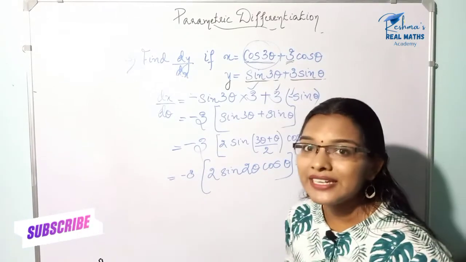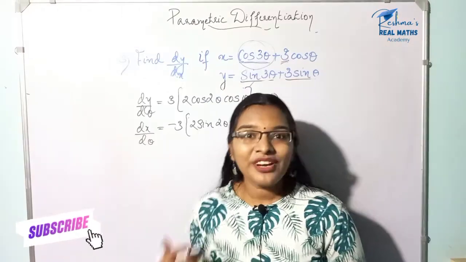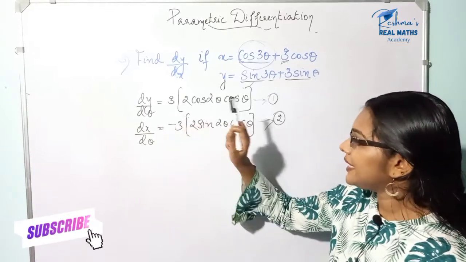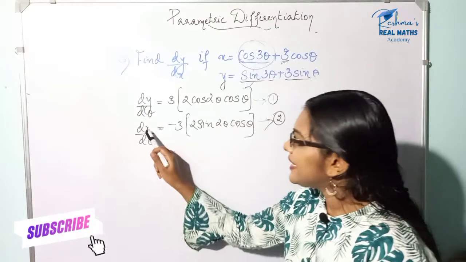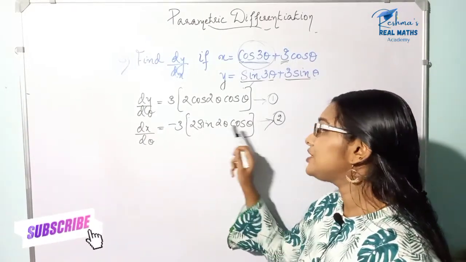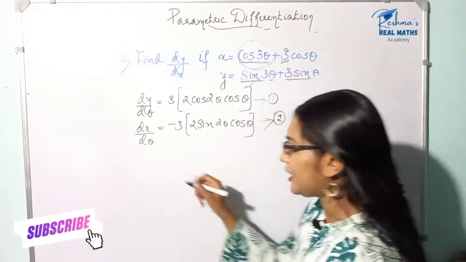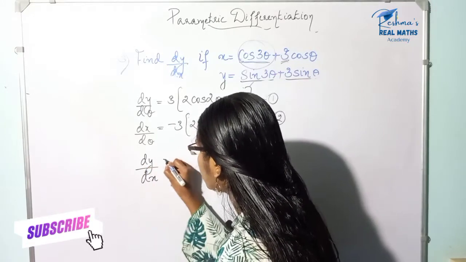Understood? So this is the second equation. Now we have to find dy by dx. We have already found out dy by d theta equal to 3 into 2 cos 2 theta cos theta and dx by d theta equal to minus 3 into 2 sin 2 theta cos theta. Now what we have to find out? We have to find out dy by dx. What is the formula?